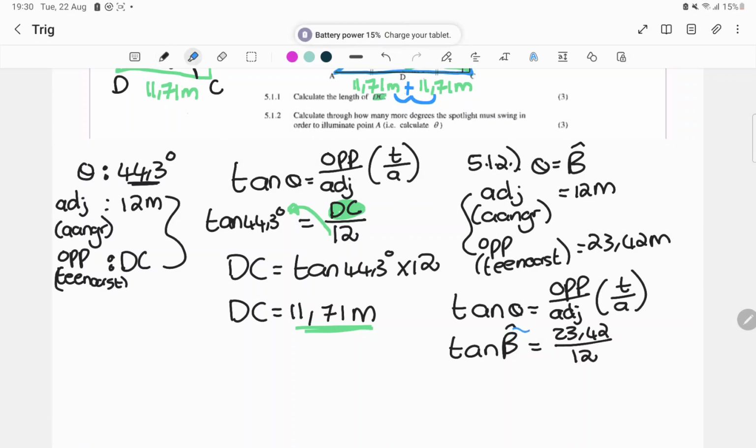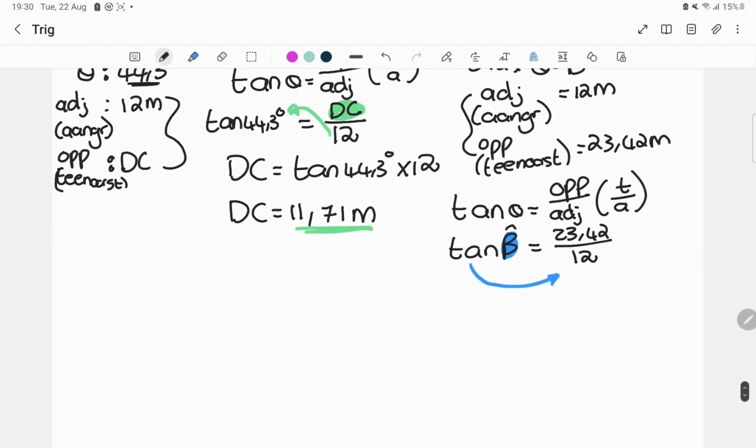Now I want to calculate for beta, which means I have to get beta alone. So I have to take over my tan, and remember, when I take tan over, it becomes the opposite. So in my calculator, it's now going to be shift tan, or tan -1. If you put shift tan into your calculator, it's going to give you this -1 automatically, and then in the bracket, you put what we had there.